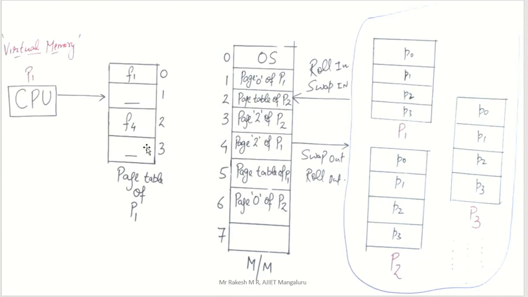Now in the last concept I told, the CPU will ask for page 3 of the process 1. At that time it is not there here. So what is the job of the OS now? It is not there in the main memory.